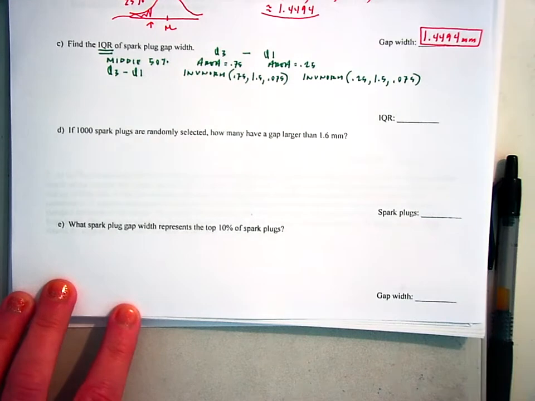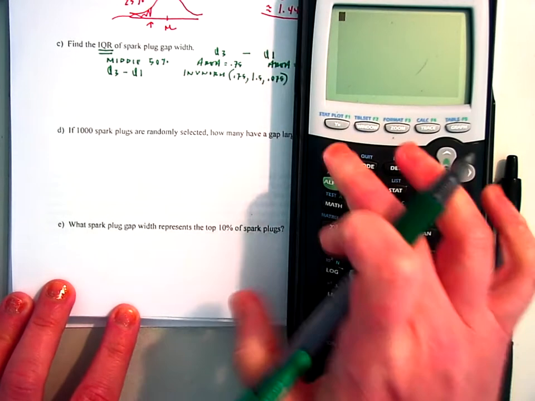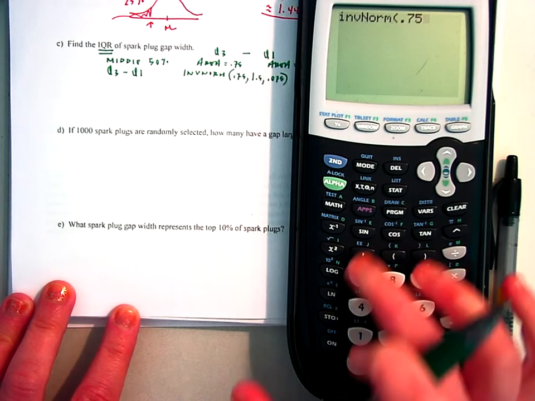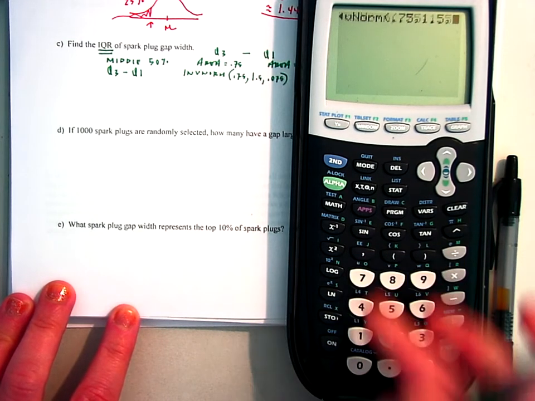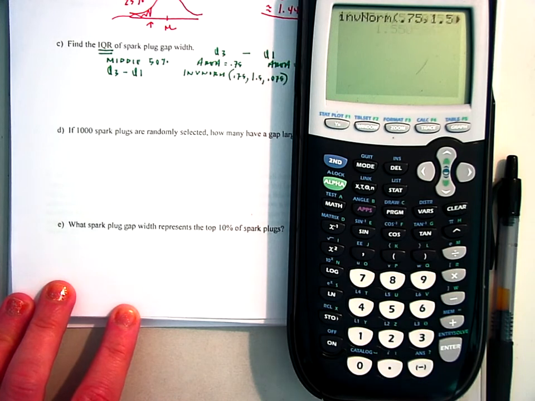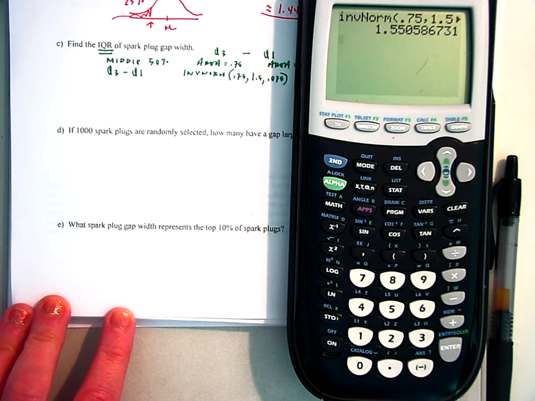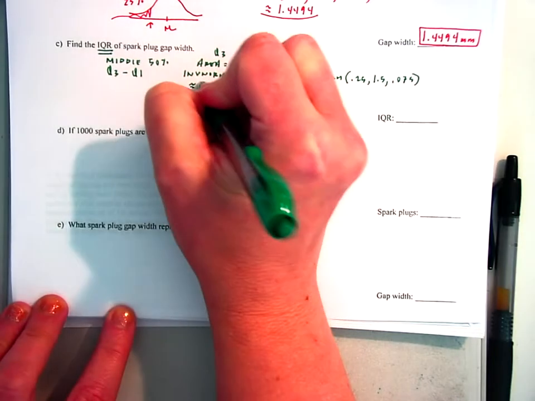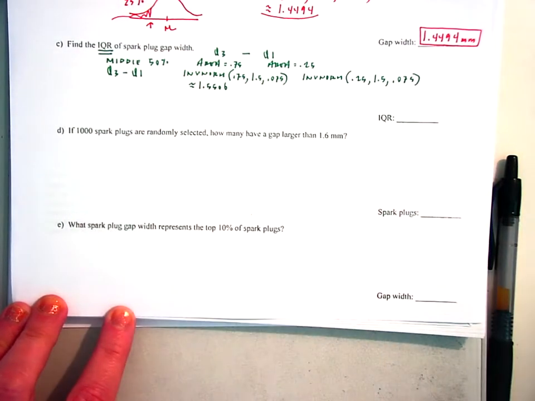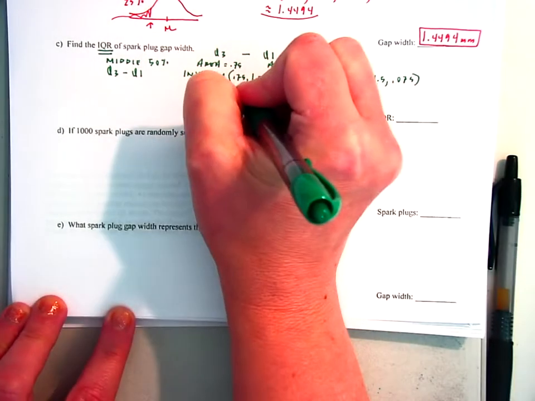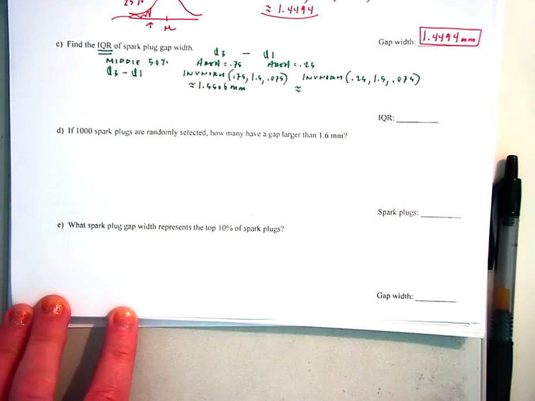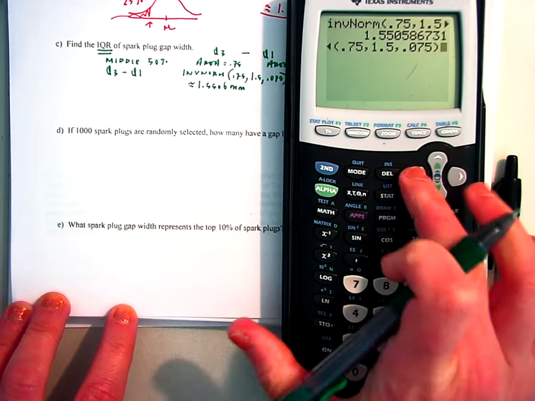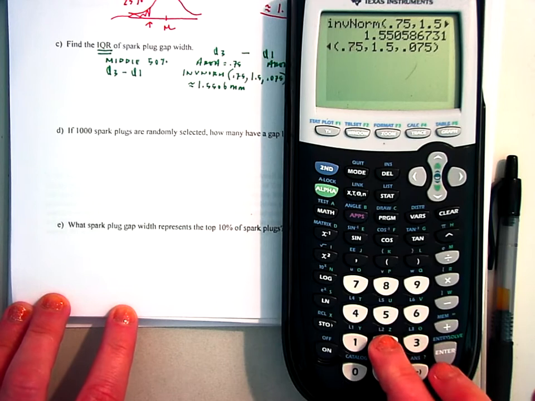So if I do this one with you, second verse, go down to inverse norm, 0.75, comma, 1.5, comma, 0.075. Here we get an observation of about 1.5506. Okay, and just a reminder that that is millimeters. And then over here, same idea. I'm gonna retrieve my previous answer and just type over it because I know that's going to be a 2 right there.